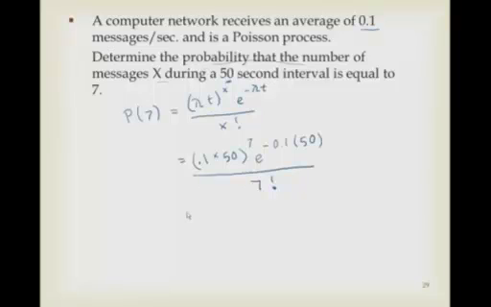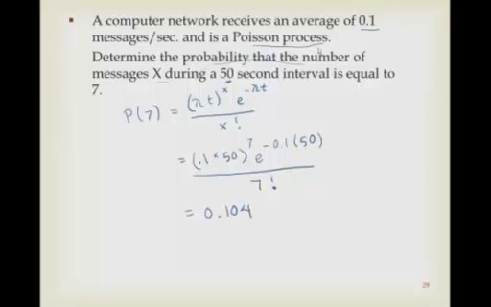And when you calculate that all out, it becomes 0.104. So that's the probability that the number of messages is 7 during a 50-second interval if we've got a Poisson process with a lambda of 0.1 messages per second.